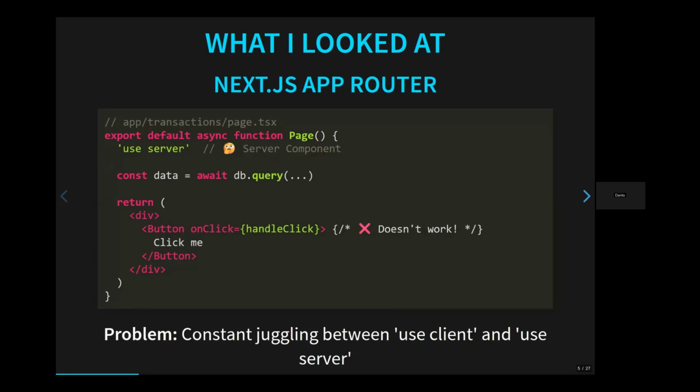Of course, it says use server, then it should run on the server, use client should run on the client. But when do you use what? I never used Next before, so it was my first time. And this was the part which I really didn't like very much.